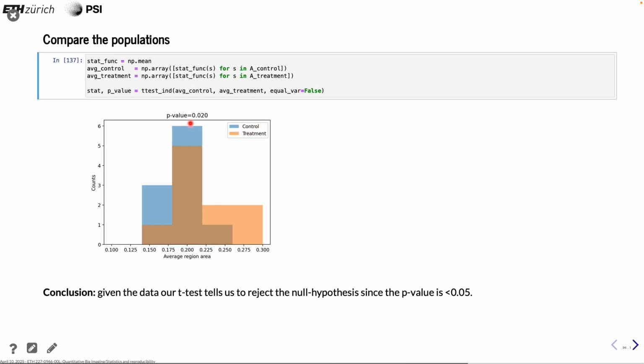Looking at the t-test, it tells us that we get a p-value of 2%, which means that, given the data, the t-test tells us to reject the null hypothesis that they have the same distribution. So this is a way to compare different treatments.